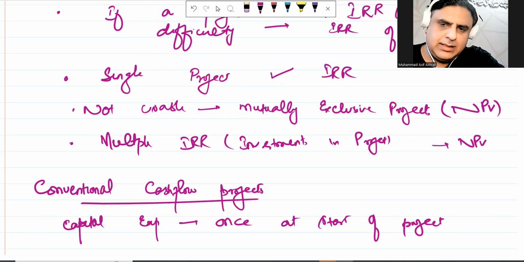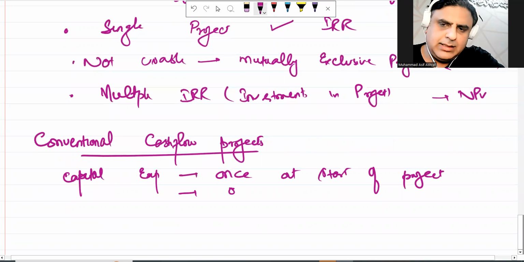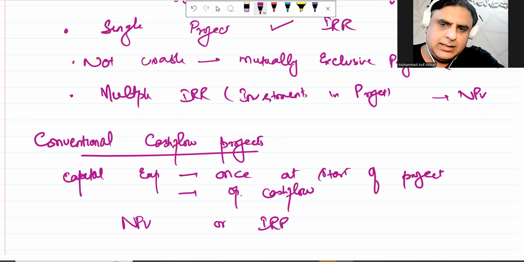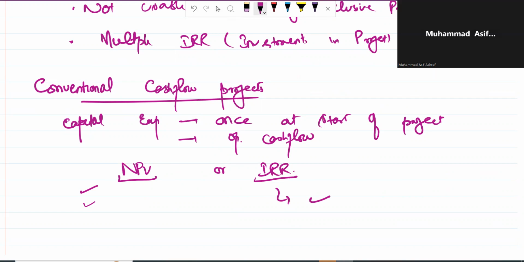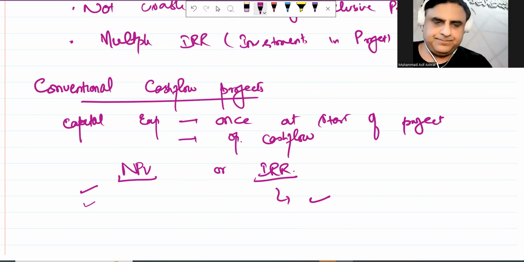Then there will be no capital expenditure, and then we will have some operational cash flows. In case of conventional cash flows, you can use NPV or IRR. Both methods can be used. But I said earlier that in case of mutually exclusive projects, NPV is better. Here it is not the case of multiple investment, so for conventional cash flow projects, IRR might be a suitable option.